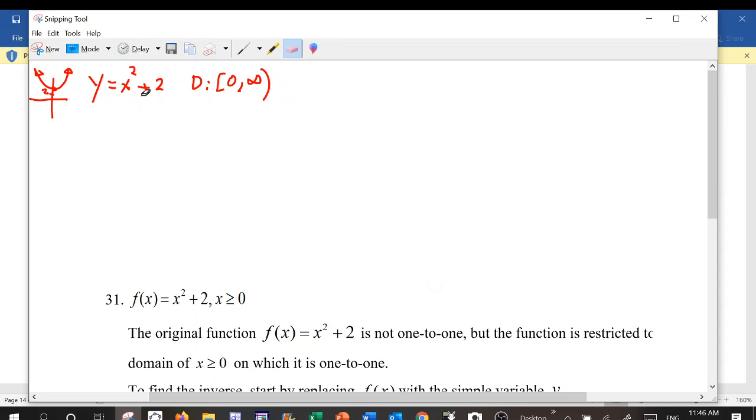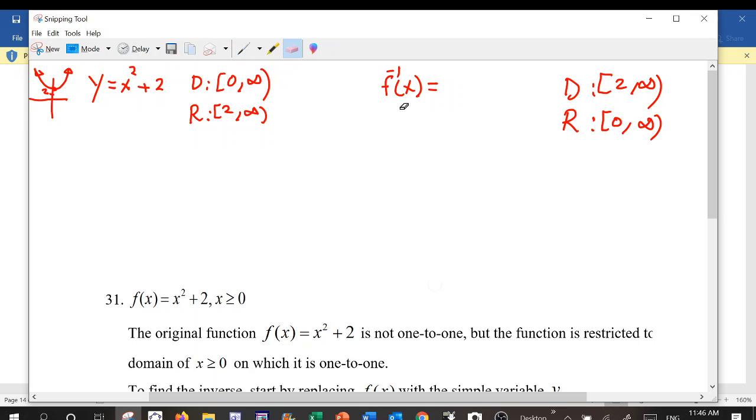So the range is from 2 to infinity. Now, we don't know what the inverse is yet, but we know for sure that the domain is going to be the range, and the range is going to be the domain. That's for the inverse.